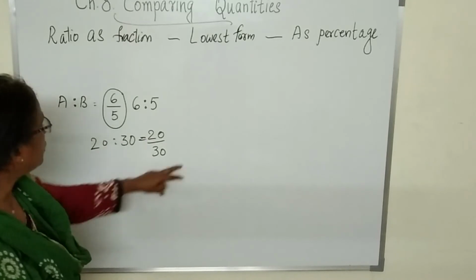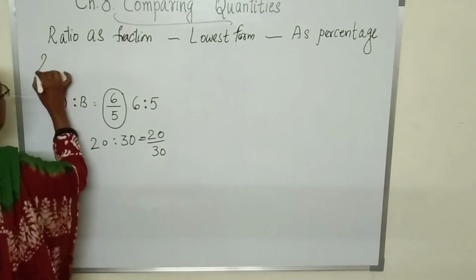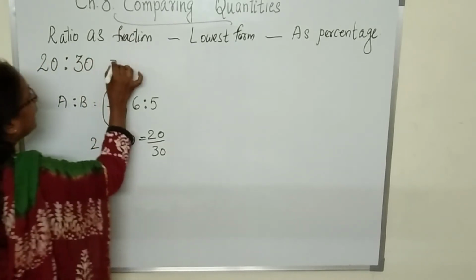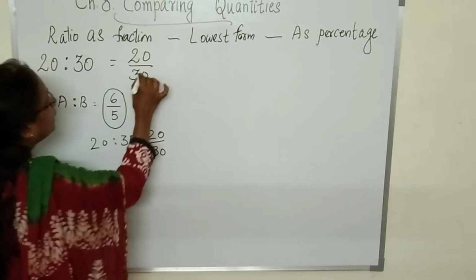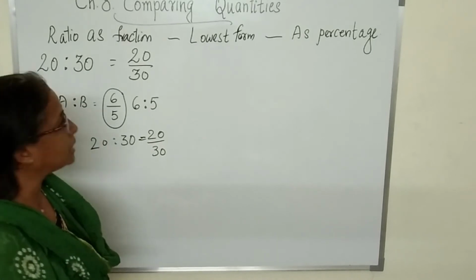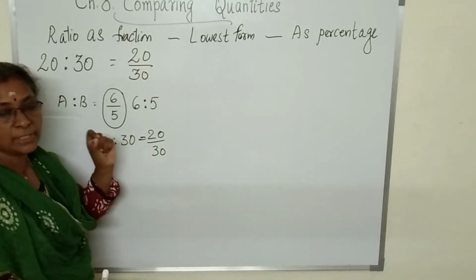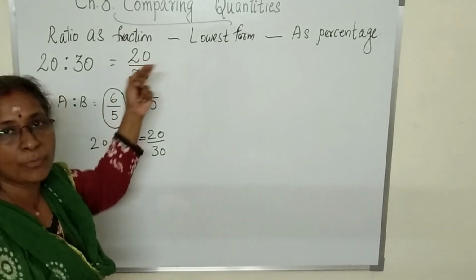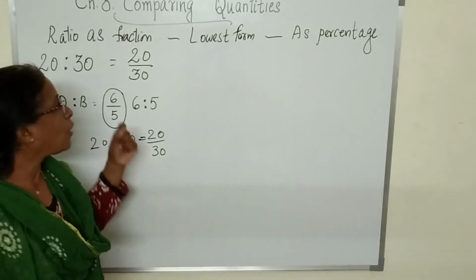Now, we wrote 20 is to 30 as 20 upon 30. When we learned fractions, we learned that if the numerator and the denominator have common factors, you can divide both by the same factors and get the lowest form.